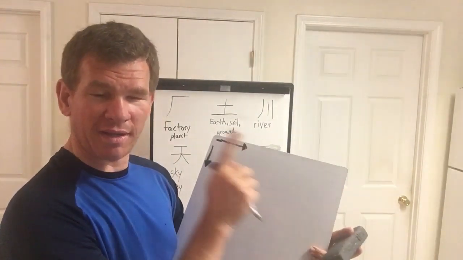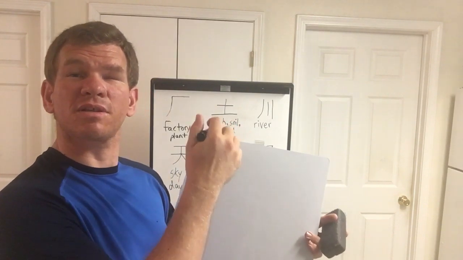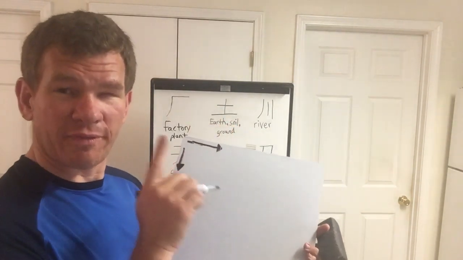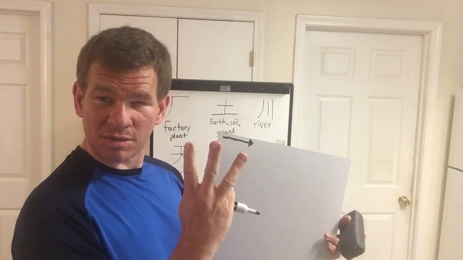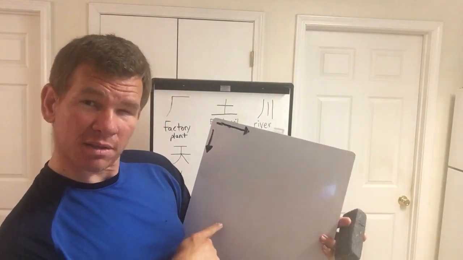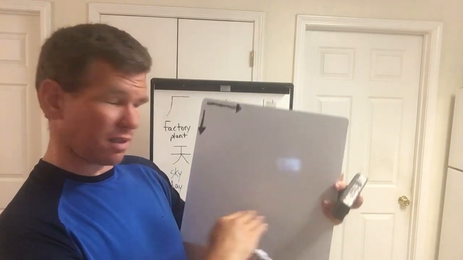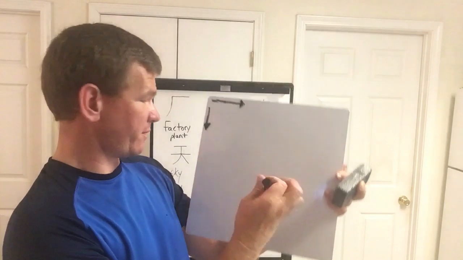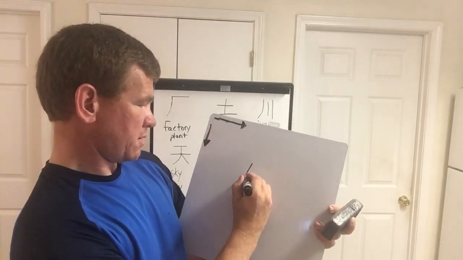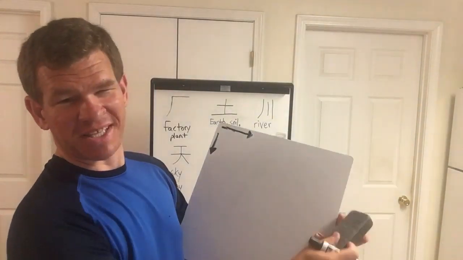River. Okay? Left to right. All these strokes go down. The first and the third stroke are equal in length. One might hook at the end on the tail, but they're gonna end in the same spot on the bottom. So it's supposed to be a straight line.